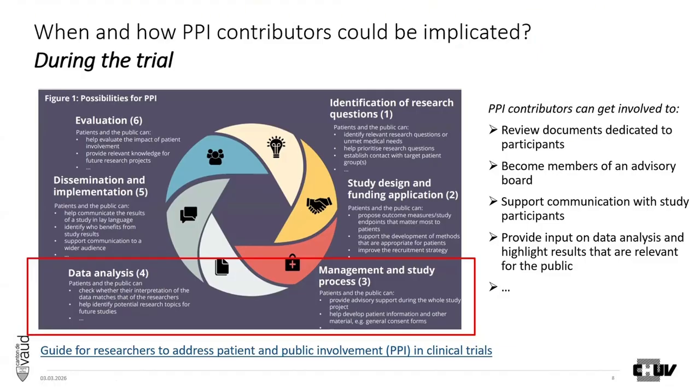They can become members of an advisory board that will follow the study throughout the study. And also some members of the advisory board may become also members of the steering committee. They can support communication with study participants and the general public, and provide inputs on data analysis and highlight the results that are relevant for the public.